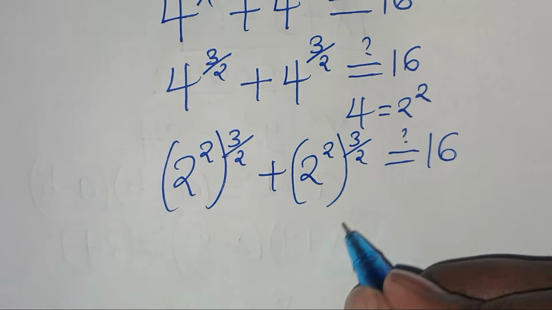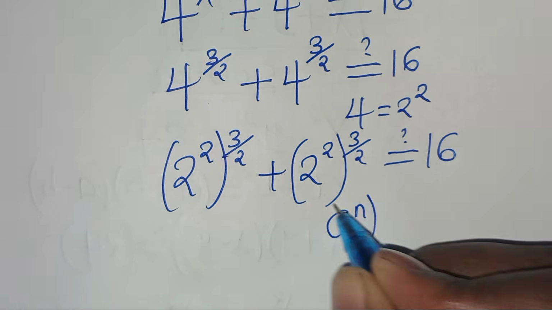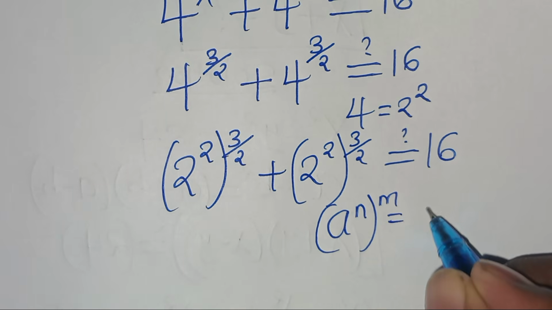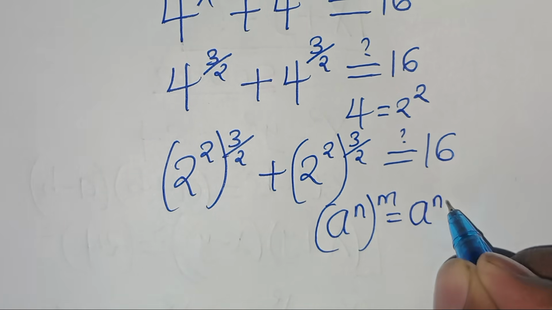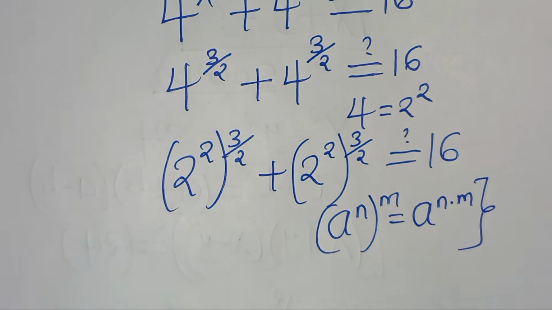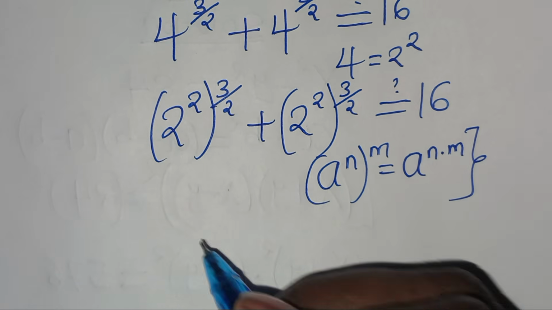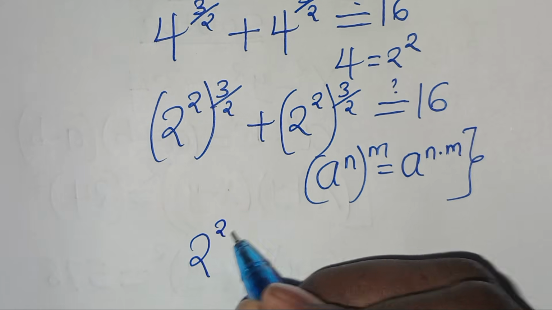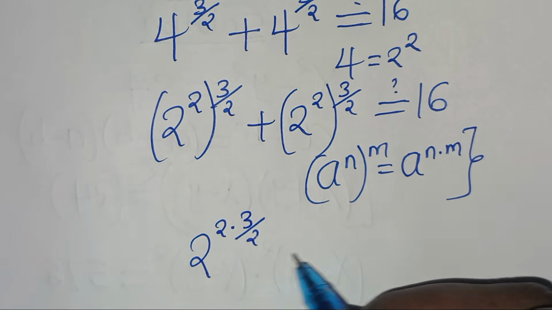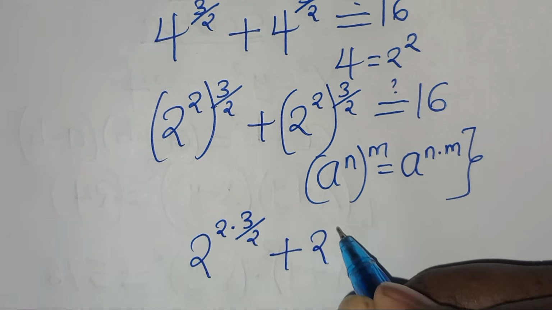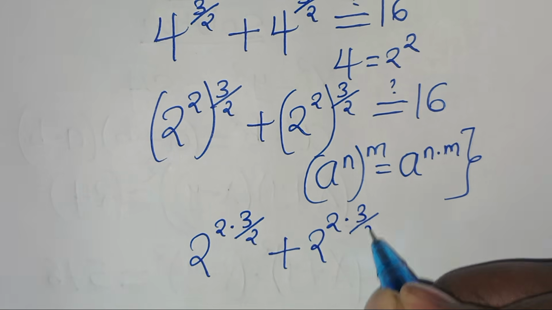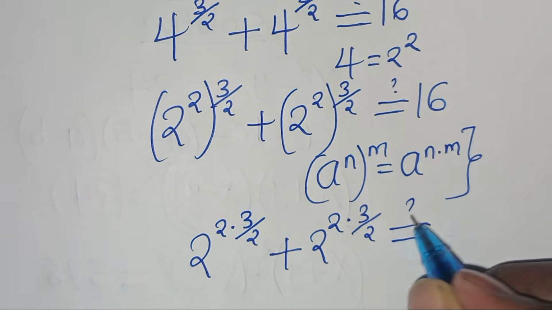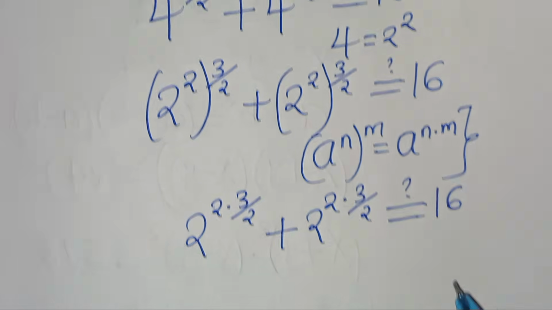Now this is in the form of a to the power of n raised to the power of m, which you can express as a to the power of n multiplied by m. Now here we have 2 to the power of 2 times 3 over 2, plus 2 raised to the power of 2 times 3 over 2. This is supposed to give us a value of 16.